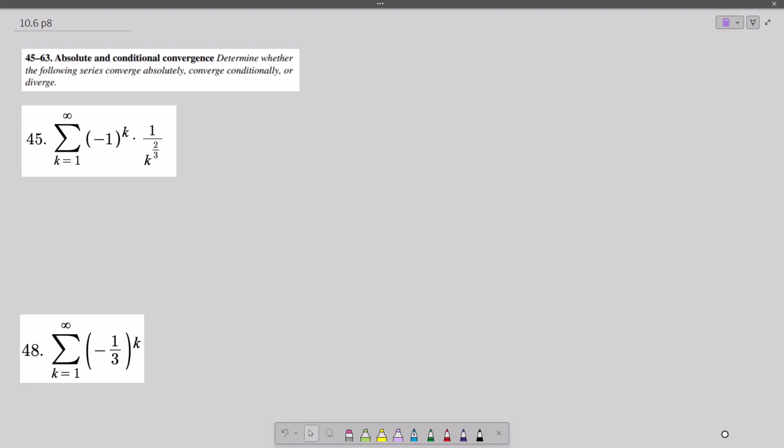So let's look at some of these. And again, we're in a situation where the math should confirm our intuition. We need to be generating intuition that is accurate. And we should know ahead of time with most of these whether we're going to get absolute or conditional convergence. Like when we just look at this without the minus sign, in other words, take the absolute values, that's a p-series.